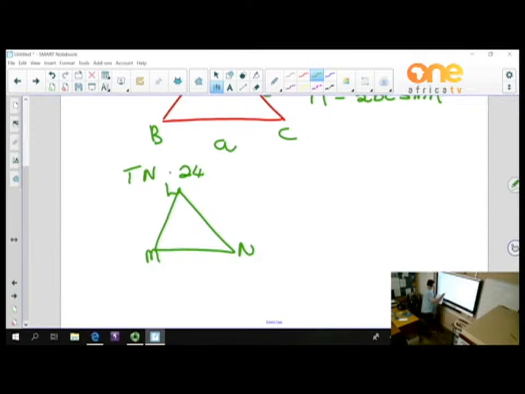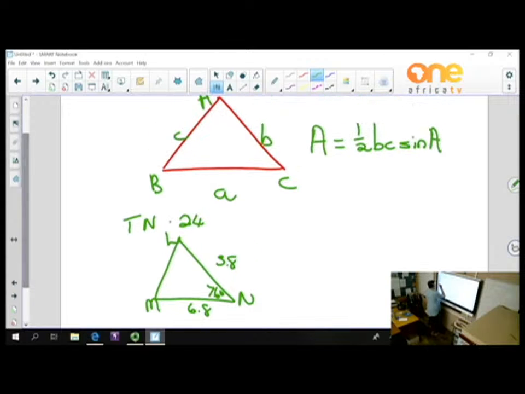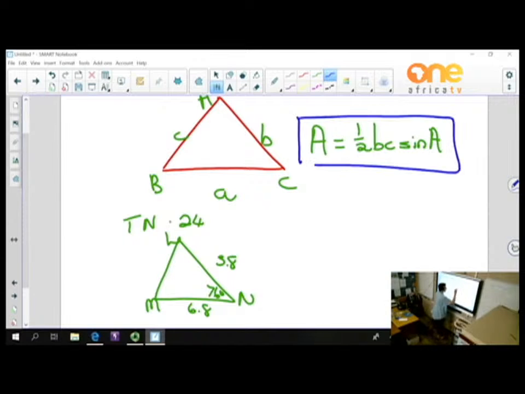And they say MN is 6.8, NL is 3.8, and N is 76 degrees. There you can see it's the two sides and the included angle. So we're using this formula, half bc sine A. This is what we're working with here now.